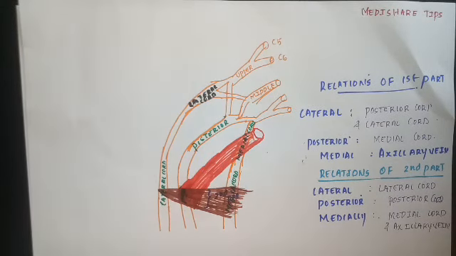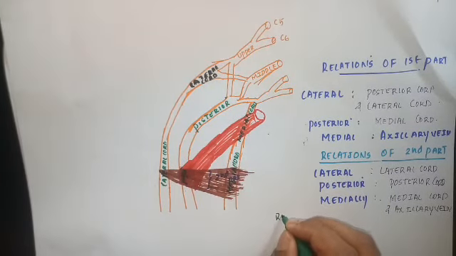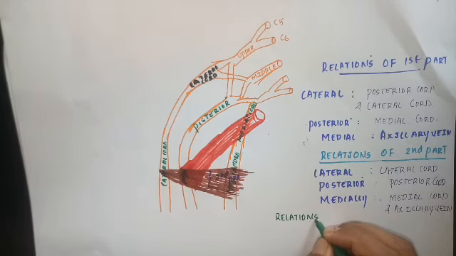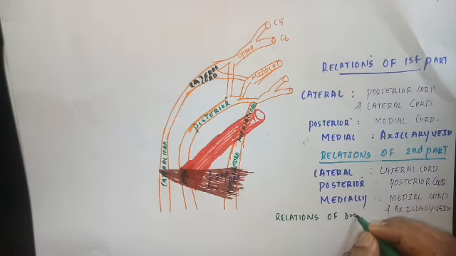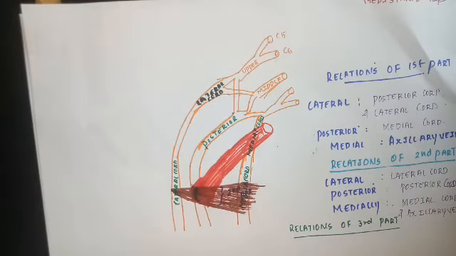Now we will discuss the relations of the third part of axillary artery. Know that the third part of axillary artery is related to the branches of the cords.